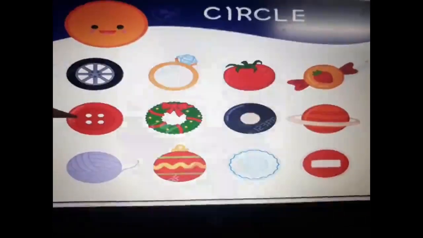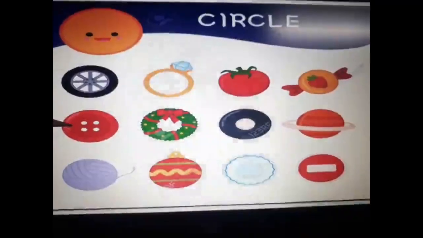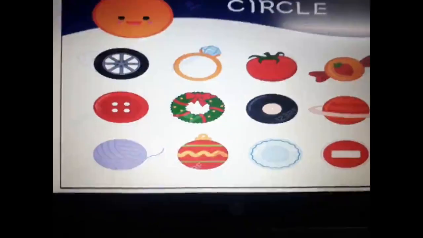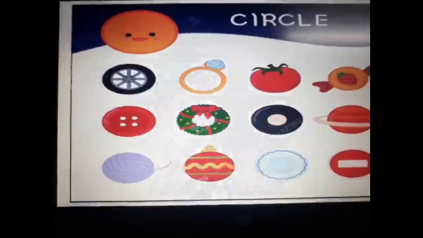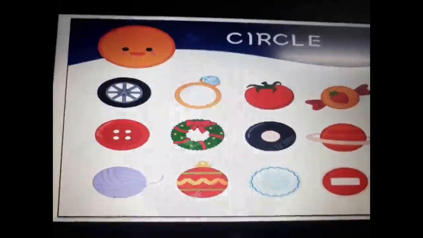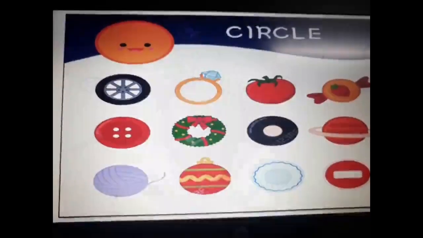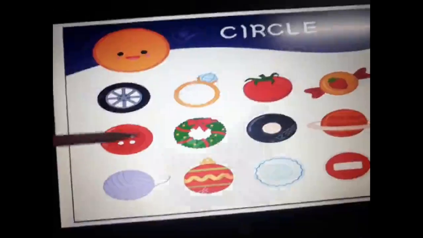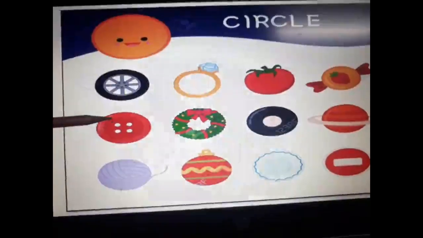Then you can see, what is it? It's a button. You all wear your dresses, isn't it? Now you all can see that your dresses are also having different buttons. So all these buttons are circle in shape.